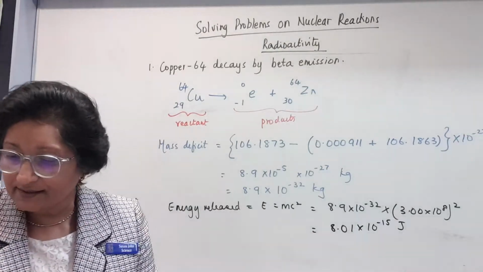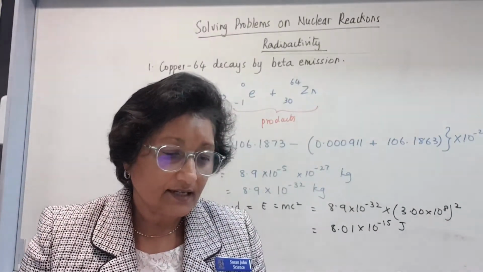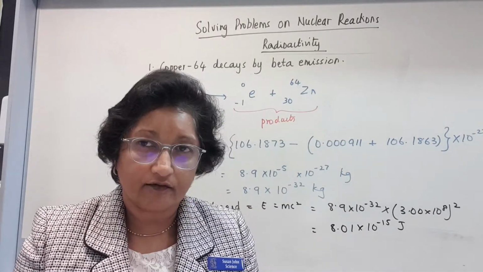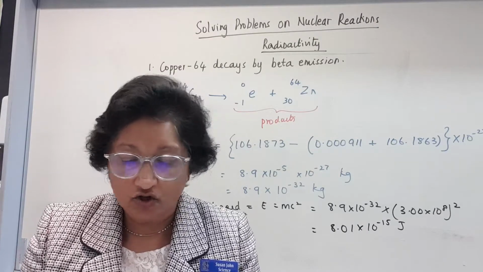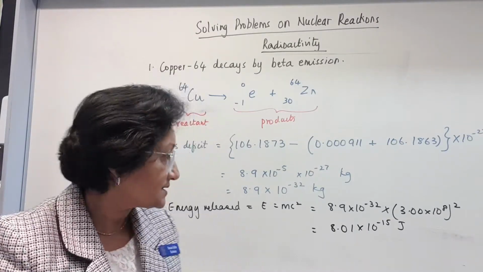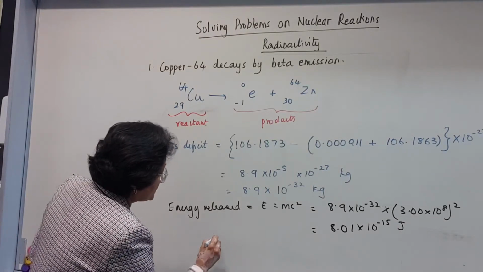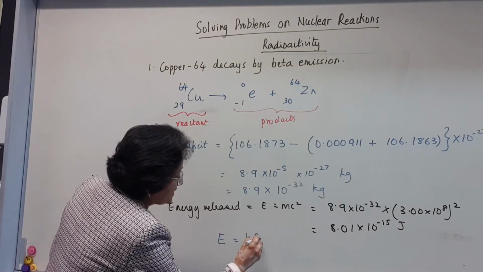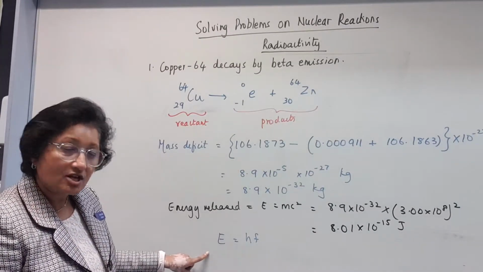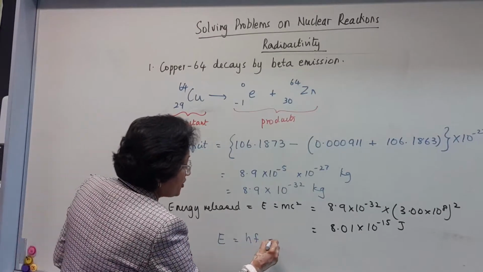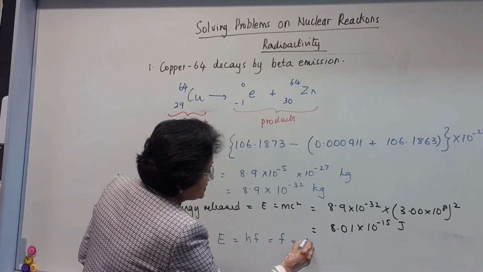Now there are two more questions. The question says, assuming all this energy is emitted as a photon of electromagnetic radiation, calculate the frequency of the photon and state what type of radiation this is. The energy of a photon is related to its frequency by this equation, E equals hf, or frequency is equal to energy divided by Planck's constant.